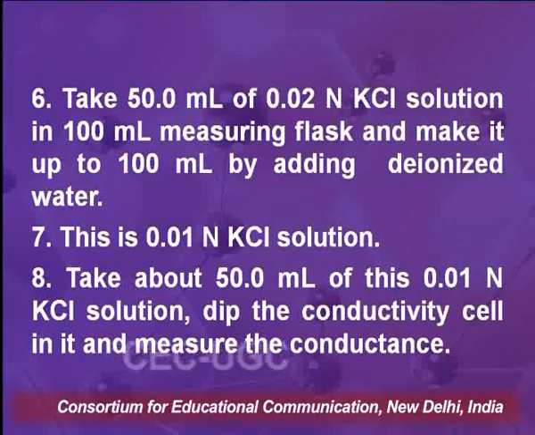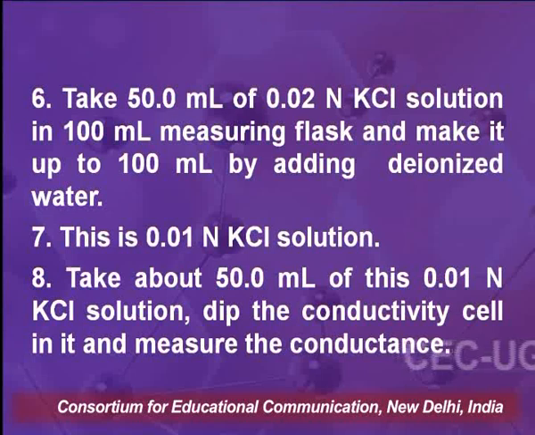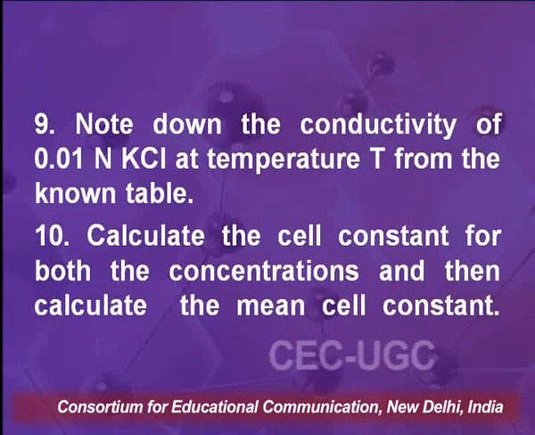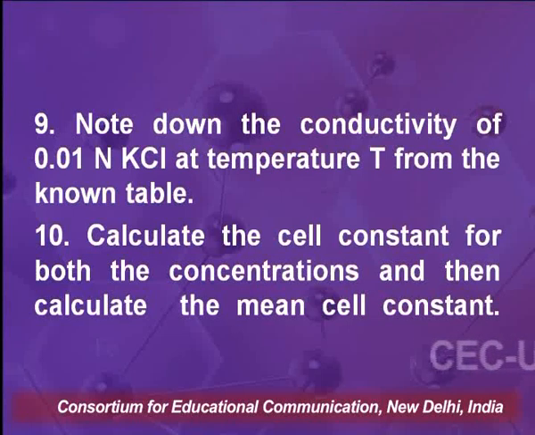Take 50 ml of 0.02 normal KCl solution in a 100 ml measuring flask and make it up to 100 ml by adding deionized or conductivity water. This is 0.01 normal KCl solution. Take about 50 ml of this 0.01 normal KCl solution, dip the conductivity cell in it and measure the conductivity. Note down the conductivity of 0.01 normal KCl at temperature T from the known table.